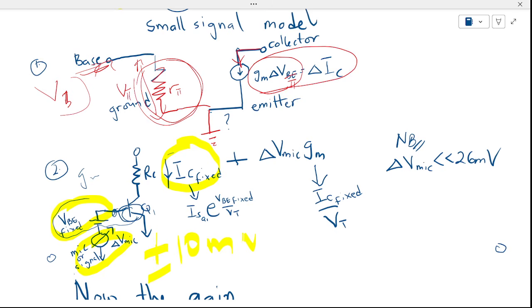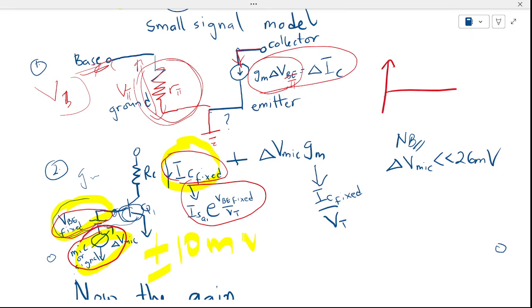Okay, so what we have is a fixed point which is caused by the fixed bias, so we call that the bias point, and this current is defined by this. And when I bring in a microphone in series with the bias, the signal of the microphone alone would be this way, oscillating around 0.